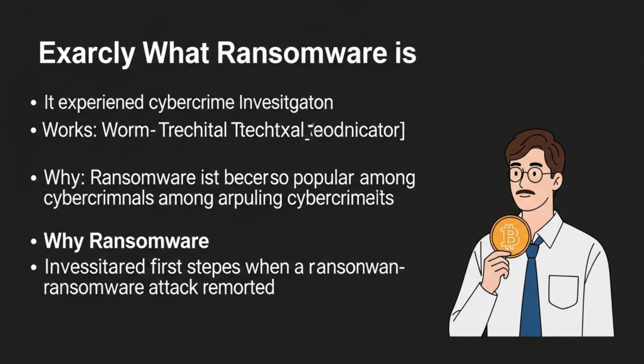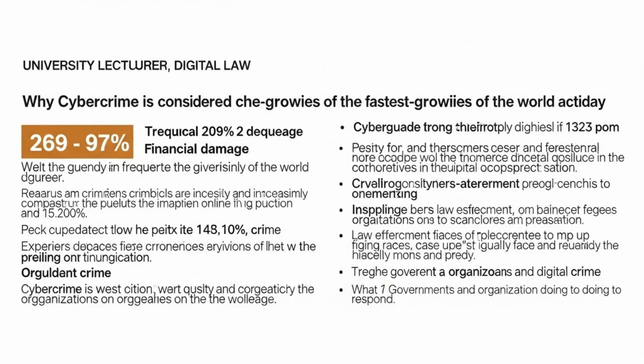Let's begin. Before we can investigate a cybercrime, we need to understand exactly what cybercrime is, because it is not one single thing. It is an entire category of criminal activity that takes place using computers, networks, and the internet as either the tool, the target, or both. For example, when a hacker breaks into a company's server and steals customer credit card information, the computer network is both the tool and the target.